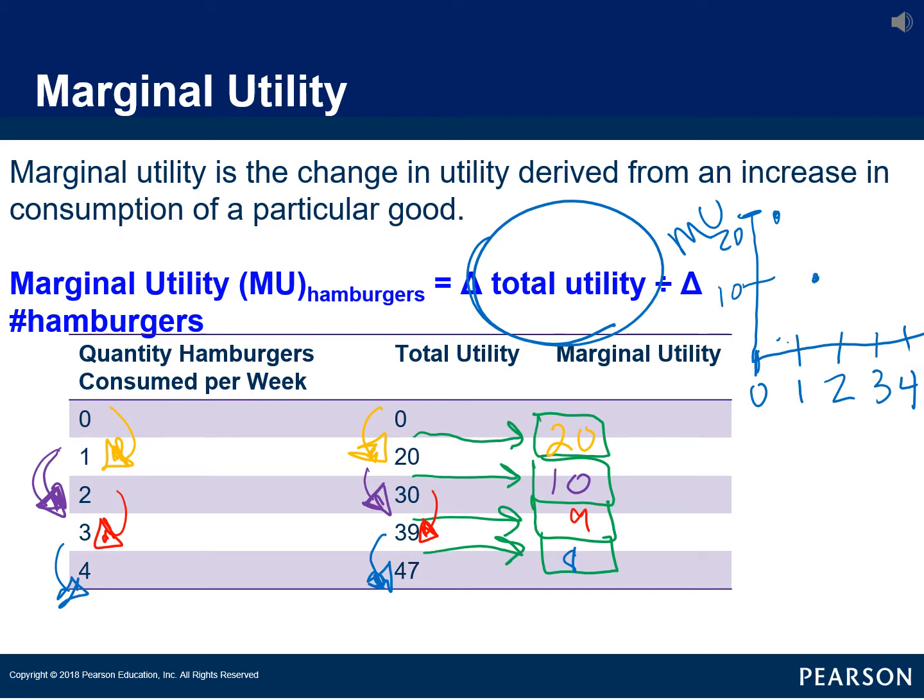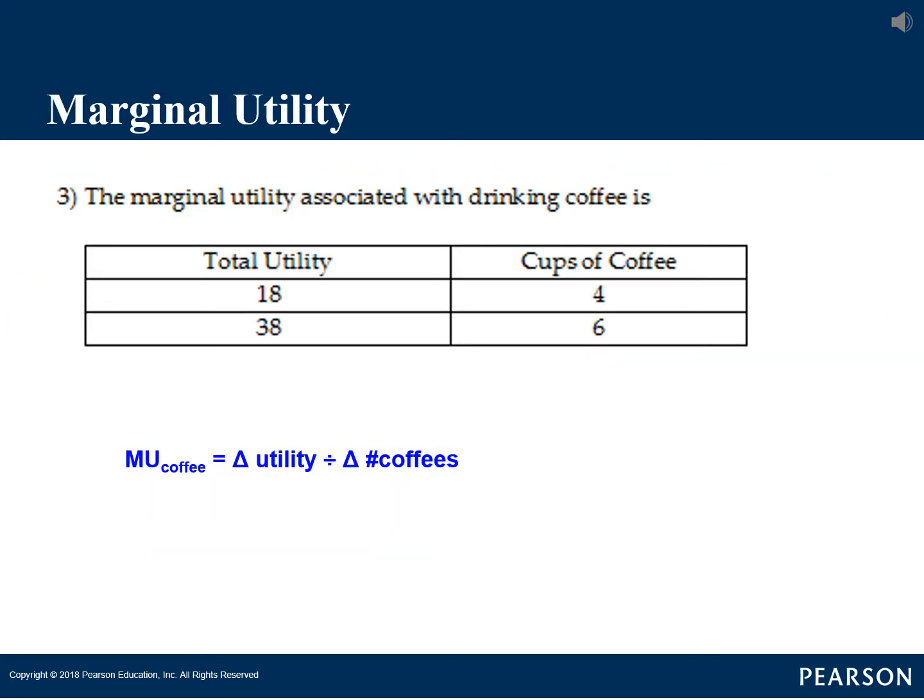And then we went down to 9. And then we went down to 8. Okay, so our marginal utility curve would look something like that. Again, the more we have of something, the less valuable it is to us. So our satisfaction or utility for the next item is going to be less than it was for the previous item.